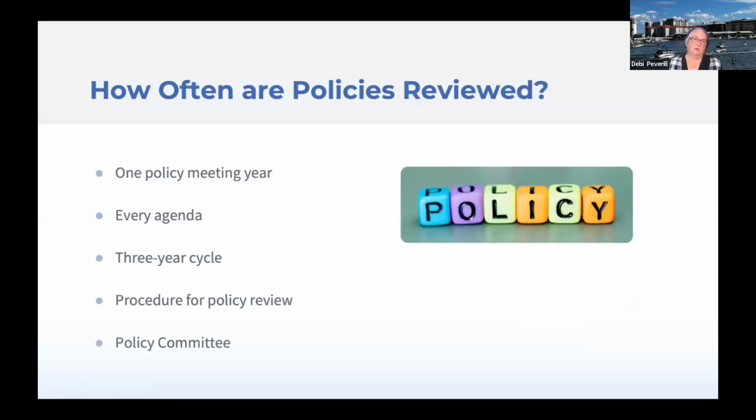Policies. So I've talked a fair bit already about policies. You're going to want to have policies around how often your meetings are, who's invited. You've, of course, got things like Robert's Rules of Order, which govern how you're actually going to conduct the meeting, what people are allowed to do, what people aren't allowed to do. As far as agendas go, I think that every meeting should have one policy being reviewed at the meeting.